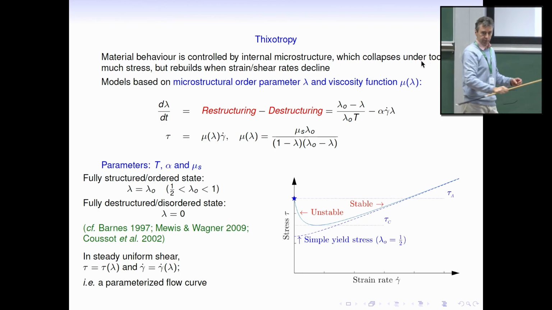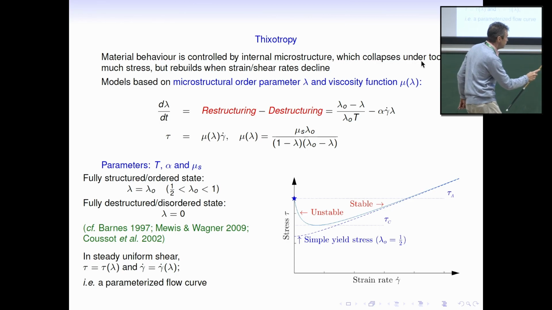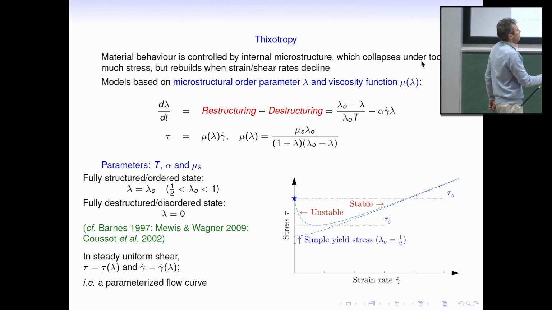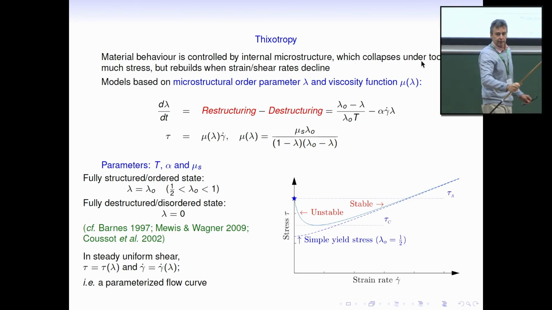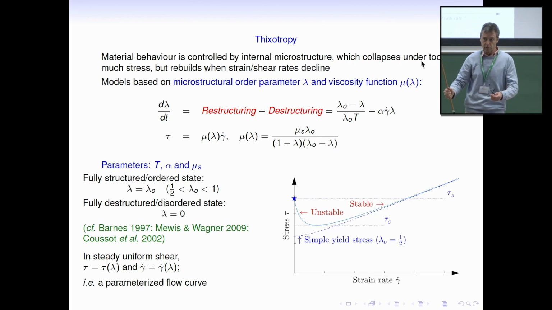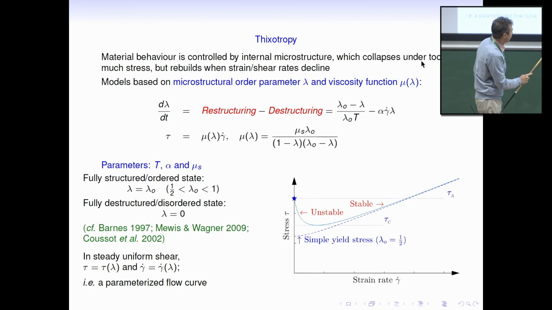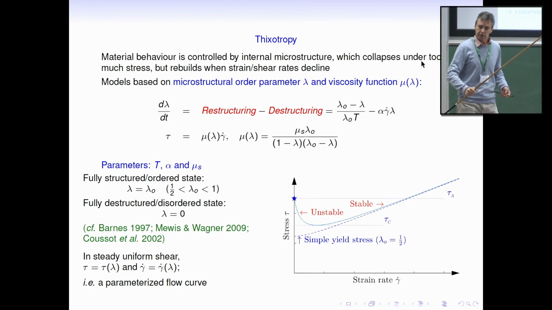You eliminate lambda and you get stress versus strain rate. That's what this curve is. And so there is a state out here. That's where it's flowing strongly. That's where things are getting strongly broken down, destructured. And then if you get over to this side, that's where things are becoming structured.